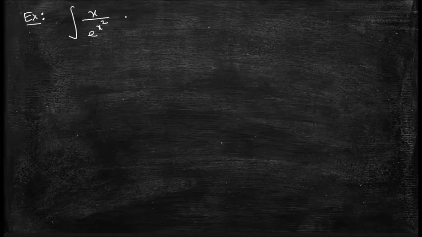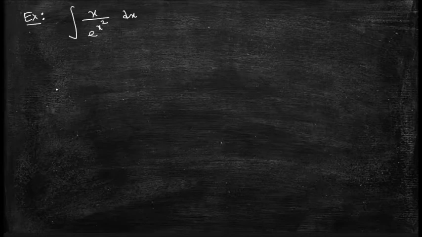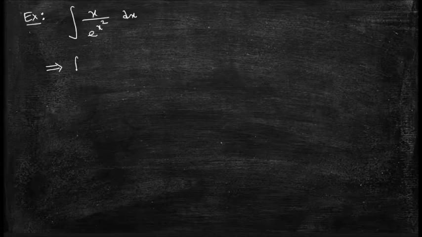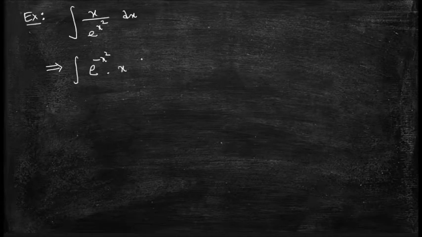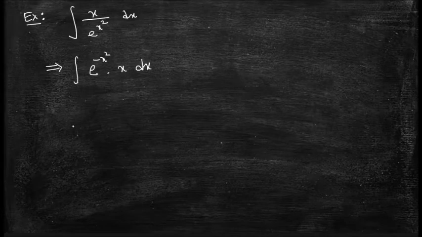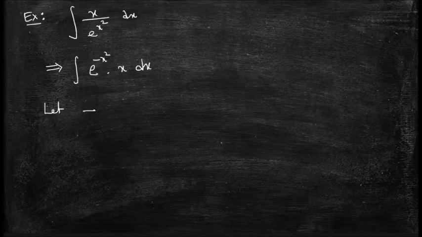Integration of x by e power x square dx. Now in this problem, as the first step, I am writing it as e power minus x square into x dx. So I suppose minus x square is equal to t.